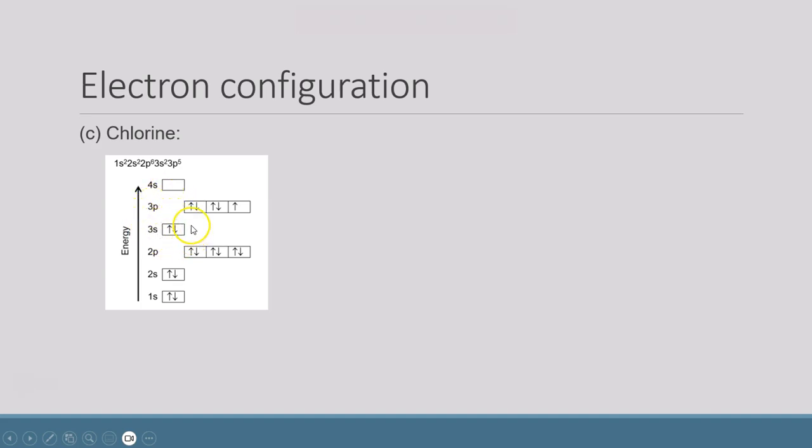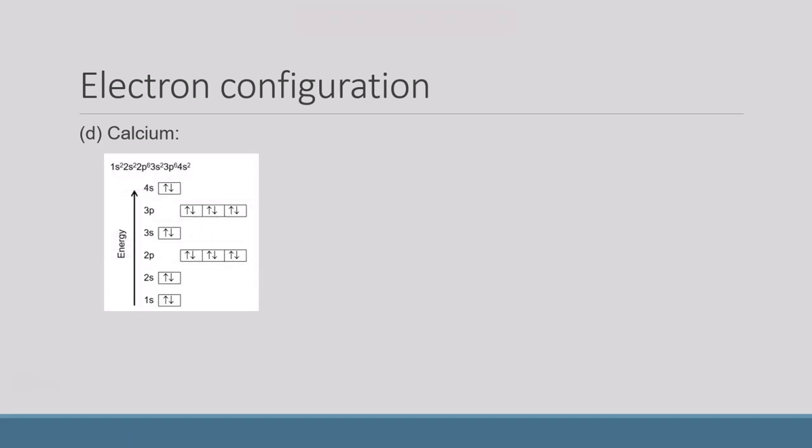The s shell of the third energy level is full, and the p shell holds 5 out of the total of 6 electrons that it could potentially hold.